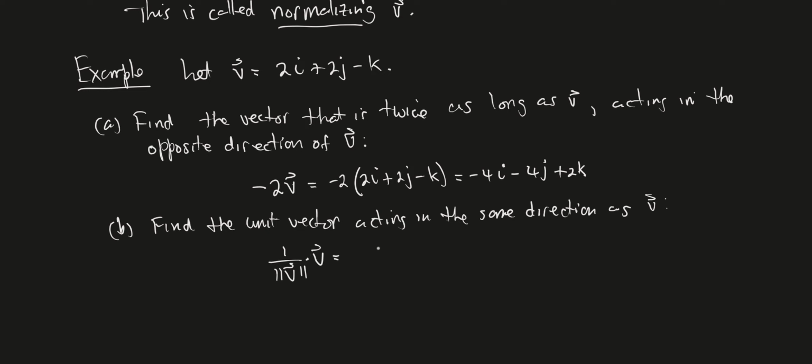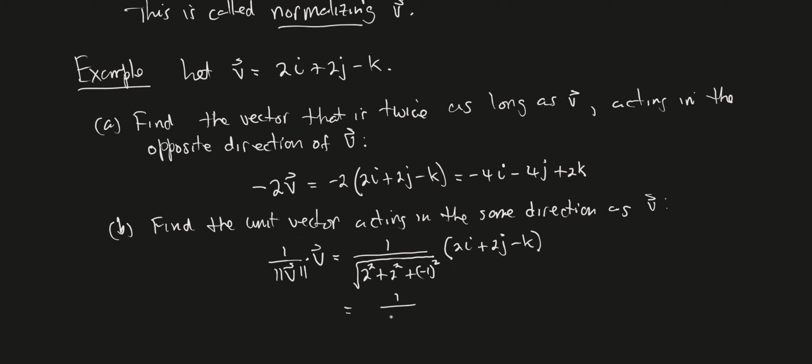Well, let's see what the magnitude is. Looking at v, it's 1 over the square root of 2 squared plus 2 squared plus negative 1 squared, times v, so 2i plus 2j minus k. We have the square root of 9.